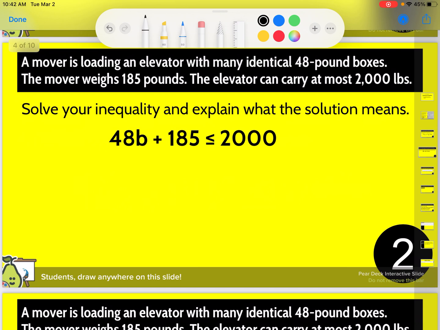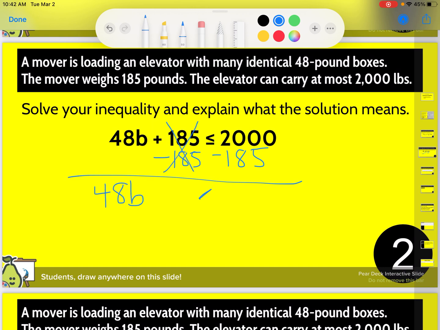So if you look at it, you can see that we solved it, and they've got the same inequality we do. So now they want us to solve it. I'm going to subtract 185 on each side of my inequality, just like I would if it was an equation. I create my zero pair, and I'm trying to see how much is left for the weight of each box.